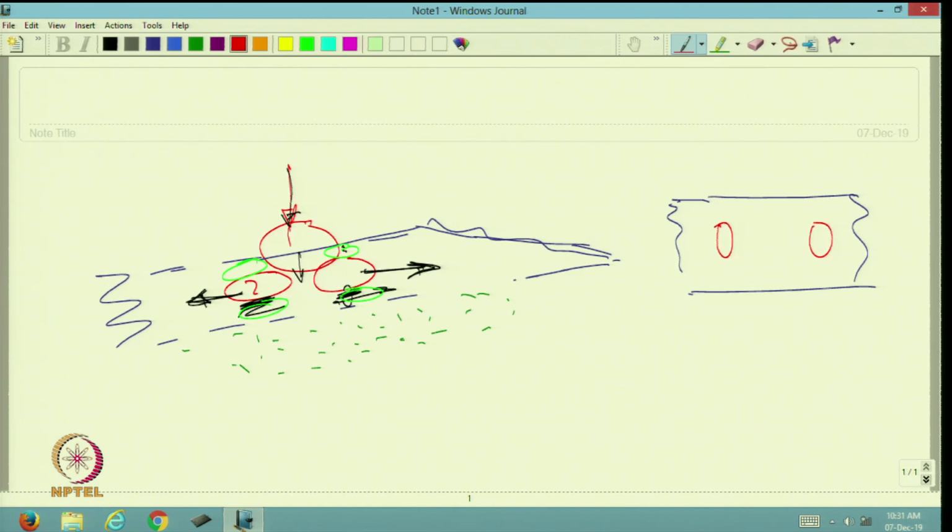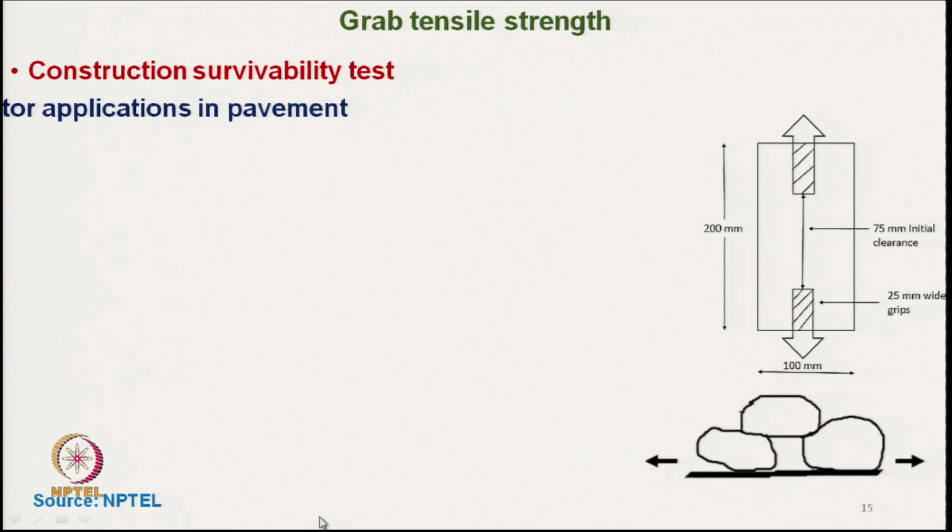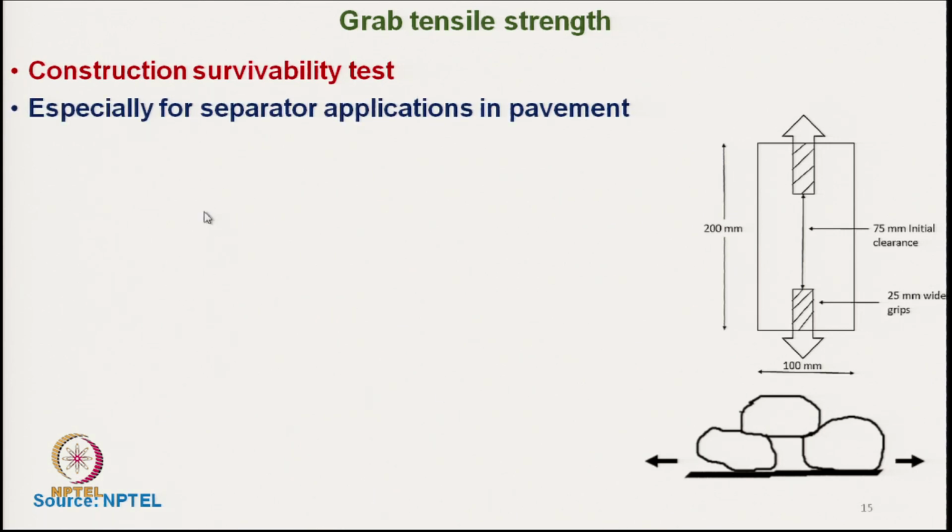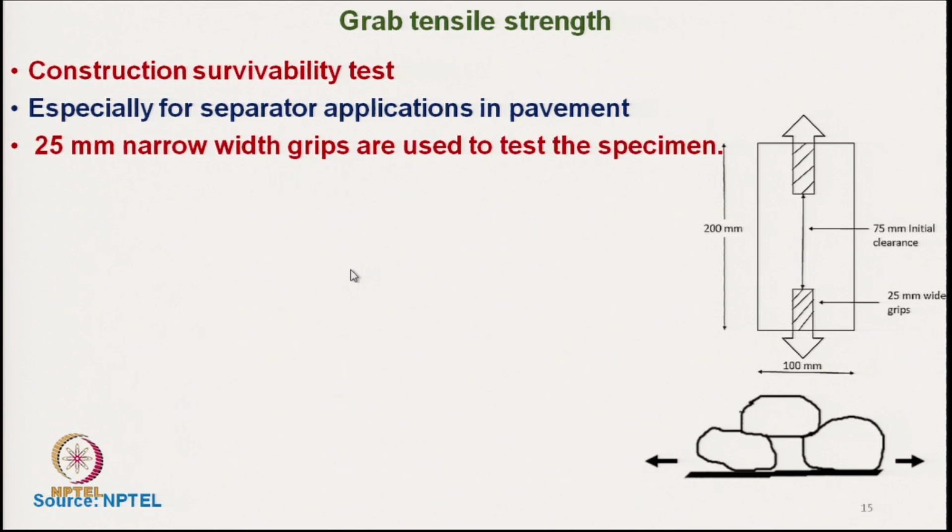So, 1, 2, 3, this is the second groove at this point, and this is the third, and they are trying to pull sideways. The similar situation is created as tested in the grab test. So, grab test is an important characteristic, and as I have mentioned, it is especially for separation application in pavement.